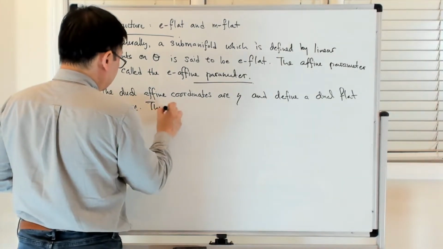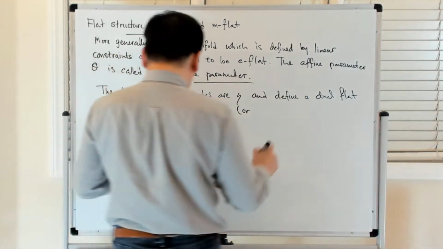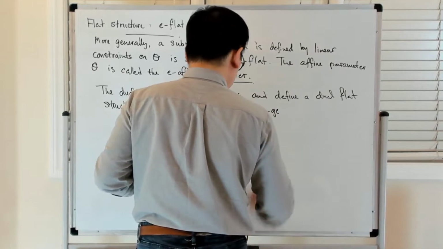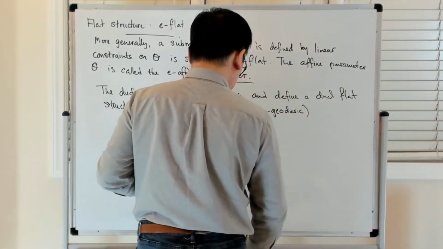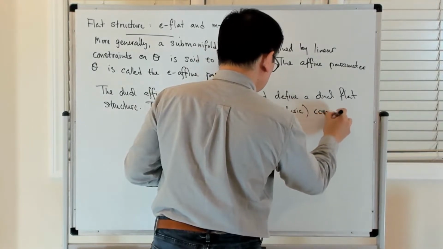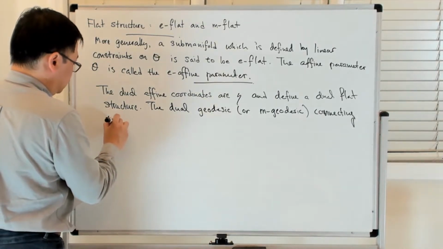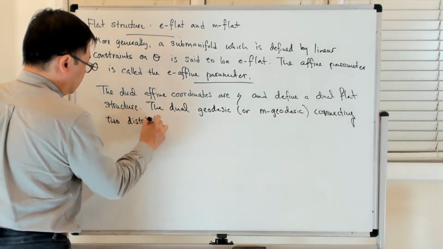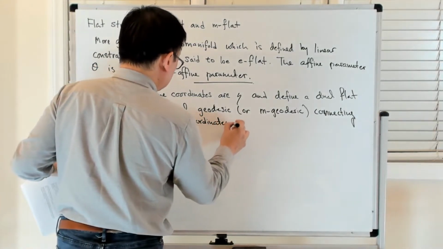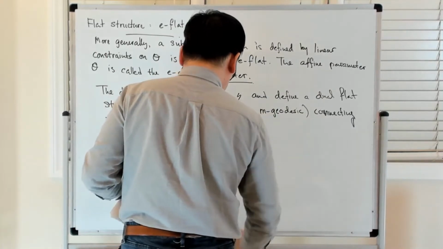So the dual geodesic, as you might expect, or M geodesic, connecting two distributions with coordinates eta 1 and eta 2, is given as follows.